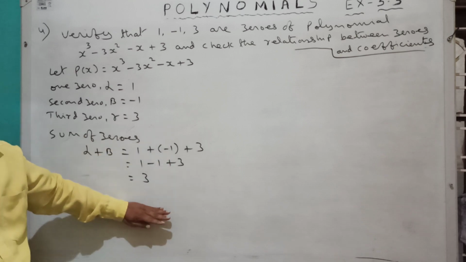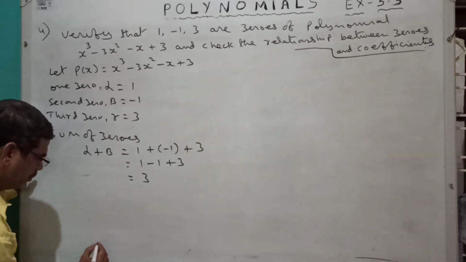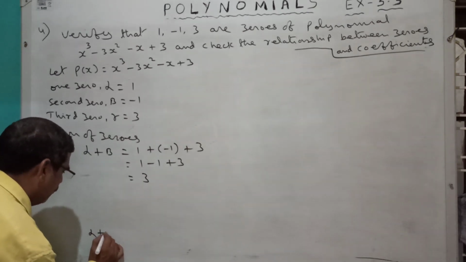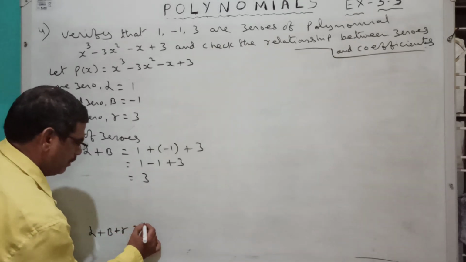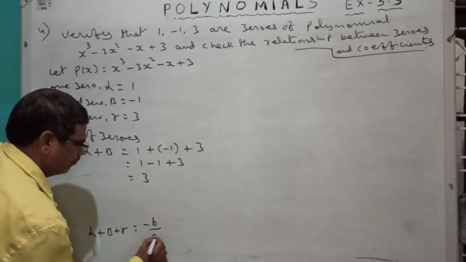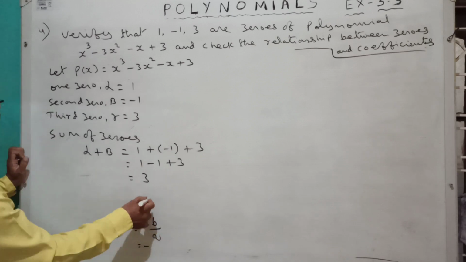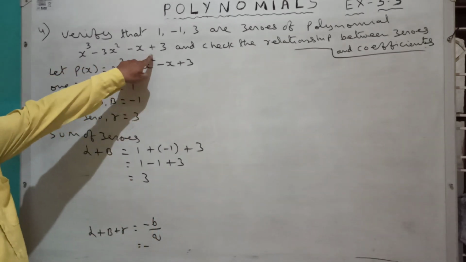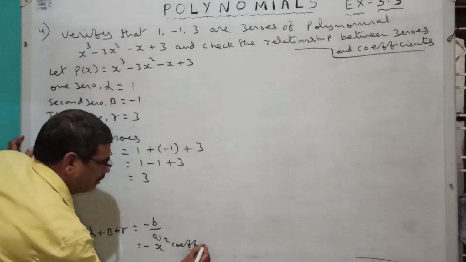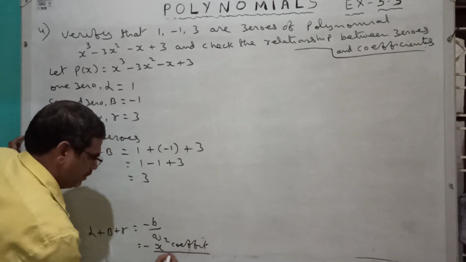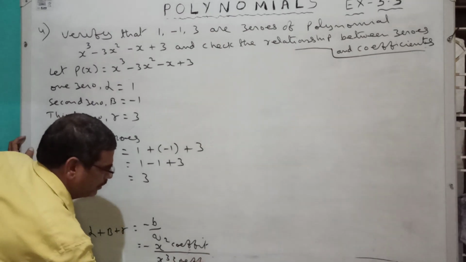Leave some space, otherwise do it in rough work. So already you know the formula. Sum of zeros, alpha plus beta plus gamma, is equal to, already you know very well, minus b by a. Here b means the x square coefficient, and a means the x cube coefficient.